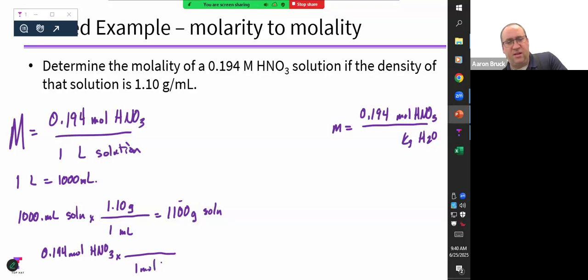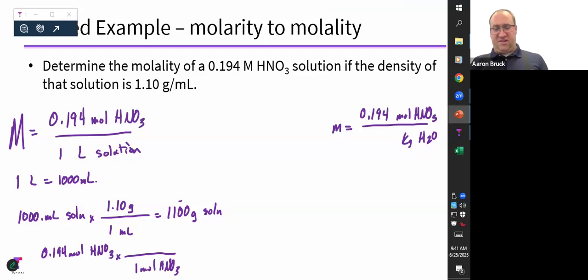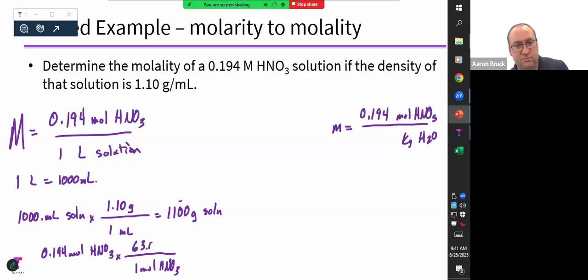One mole of nitric acid weighs, see, molar mass: I need hydrogen, 1.01, nitrogen, 14.01, and oxygen, 16, but there are 3 of them, so times 3, which gives 63.02. So 0.194 times 63.02, to three significant figures, is 12.2 grams.